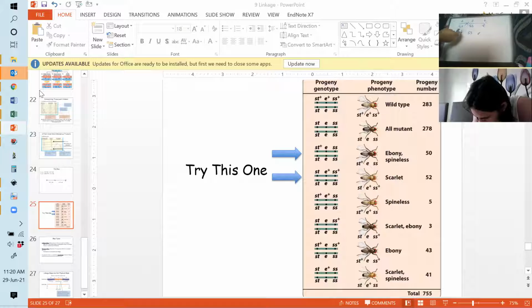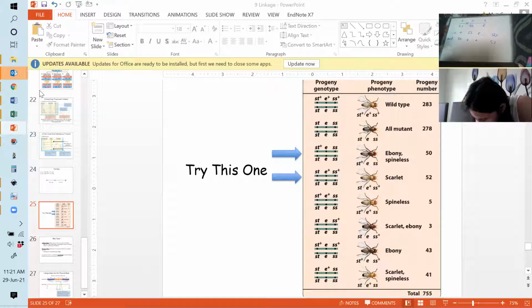And we'll have the reciprocal, so we'll have ST plus plus. That's the scarlet ones. Scarlet is 52, ebony spineless is 50.